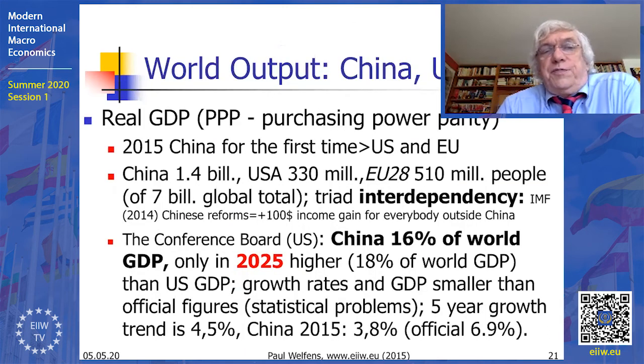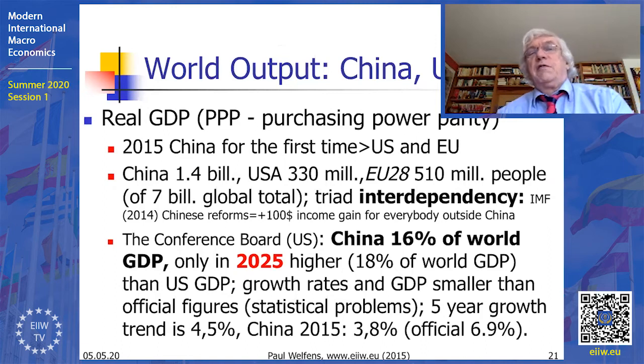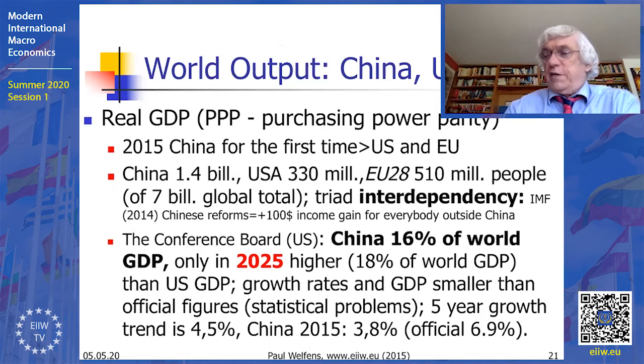So let's look briefly at some figures. So world output of all countries together, and then China, US, EU, and so on. So we should look at real GDP, and often it's useful if you want to compare countries to look at purchasing power parity figures. 2015, China then was for the first time ahead of the US and the EU.